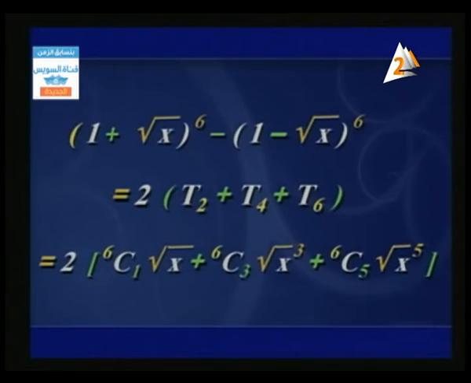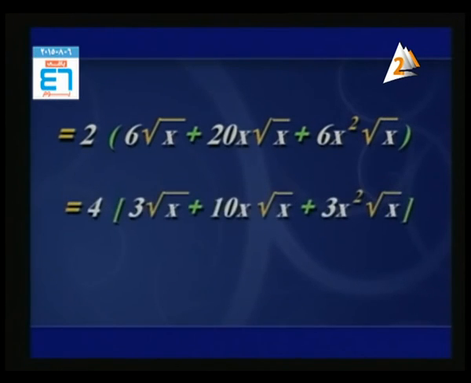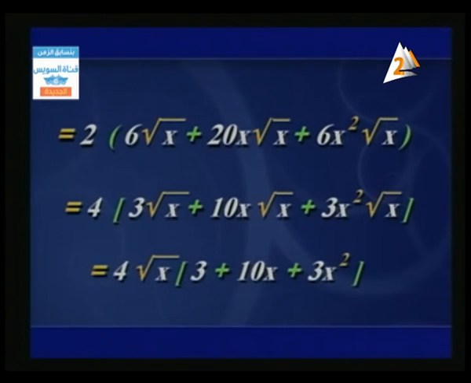Equals 2 [6C1 √x + 6C3 (√x)³ + 6C5 (√x)^5], equals 2[6√x + 20x√x + 6x²√x], equals 4 times [3√x + 10√x·x + 10x√x + 3x²√x]... equals 4√x times (3 + 10x + 3x²).